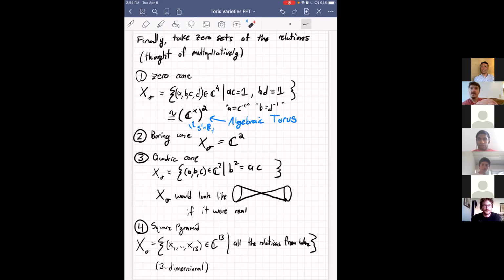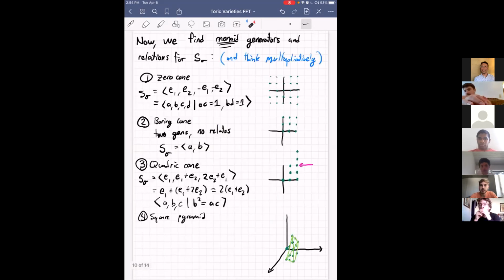Any other questions or comments? Yeah, it seems like there are multiple ways to present these monoids, with different generators and relations. Is it going to happen that you get the same varieties coming out of these different presentations? It should, yes. One of the things that I didn't go through is that you can make this slightly more formal.